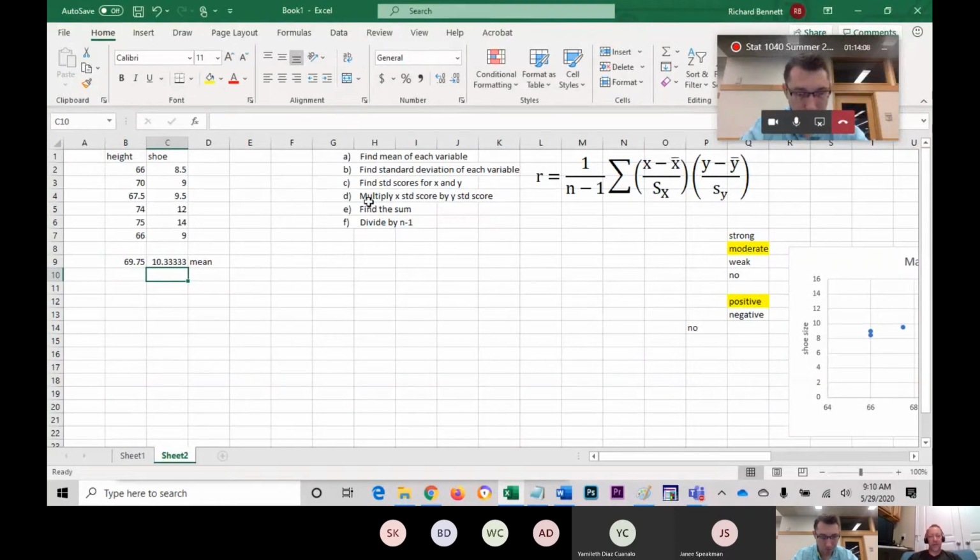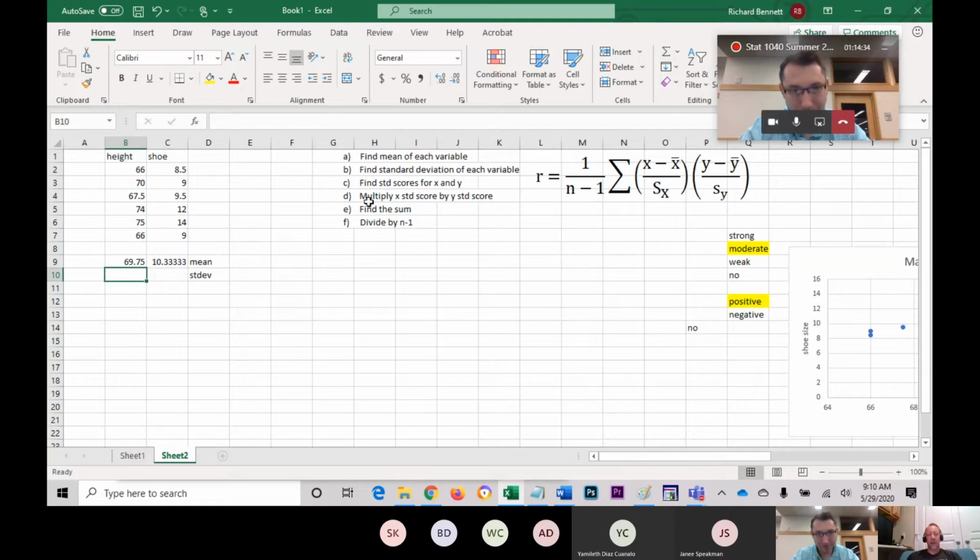Now we need to find the standard deviations. Oh, I didn't think about this. Let me mention this on your calculators. You can use your calculator. I made you guys figure out the standard deviation by hand on the last test, didn't I?